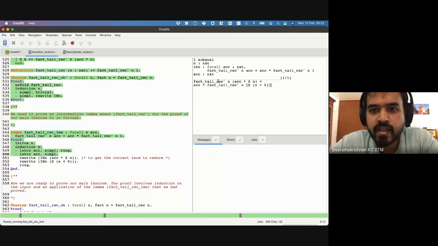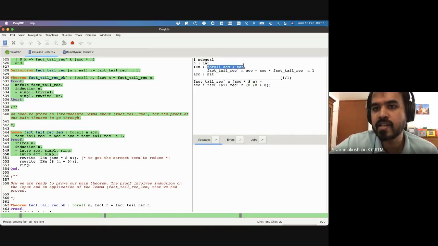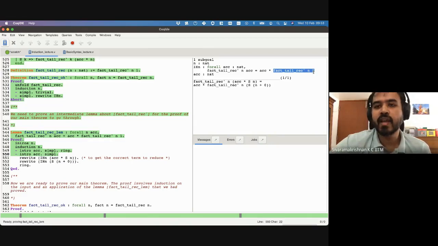So we have fact tail rect prime n, and you can think about this as some accumulator. And what is the induction hypothesis I have? I have for all accumulators. I don't care what the accumulator is. If you have fact tail rect prime n accumulator, then it is the same as accumulator multiplied by fact tail rect prime n1, right?